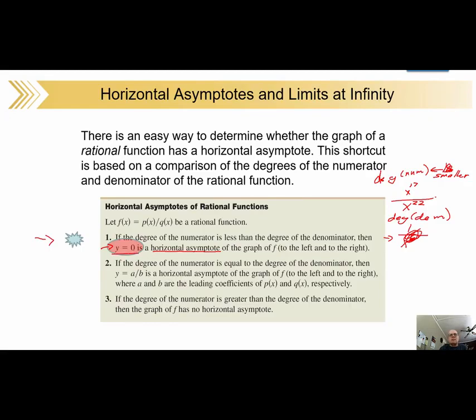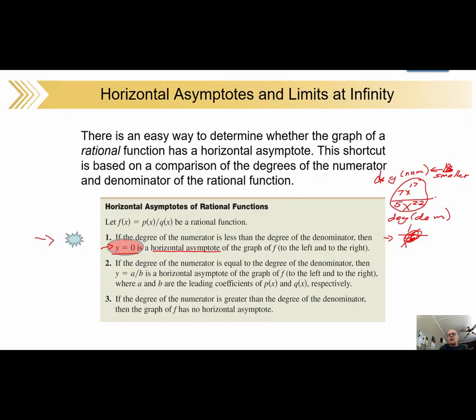Very simple. That's because if the leading term down below has a higher degree, then if you look at just these two, even if there's a 7 here and a 5 there, that's irrelevant. It's the degrees that make the difference.